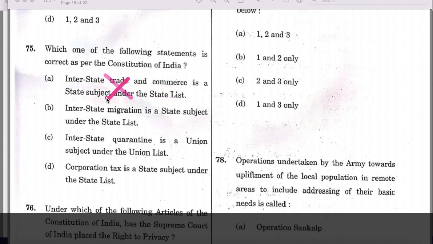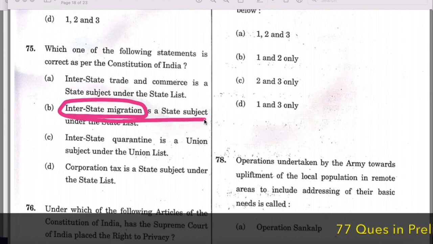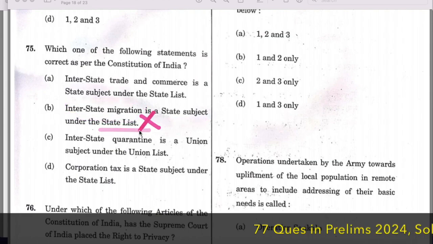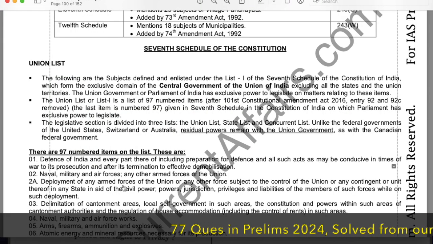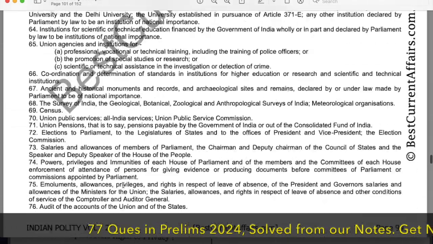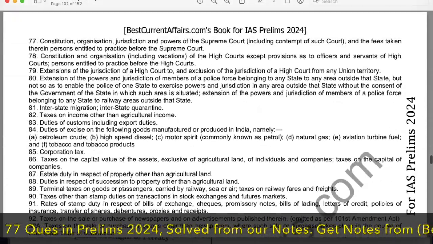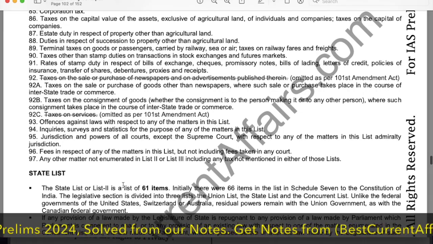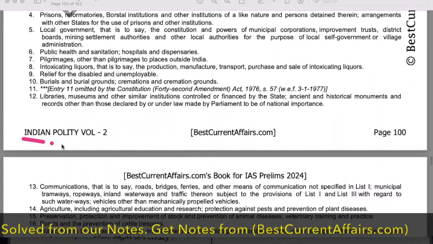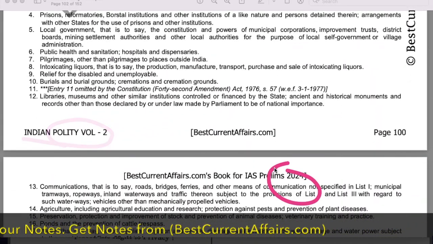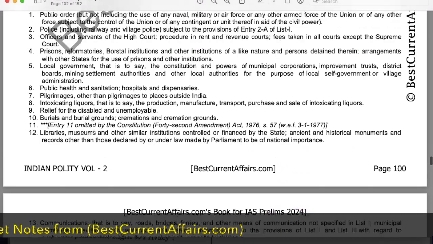It is wrong. Now take the second statement, that interstate migration is a state subject under the state list. It is also wrong. You see on page number 100, entry 81. This is our Indian Polity booklet volume 2 for Prelims 2024 on page number 100.